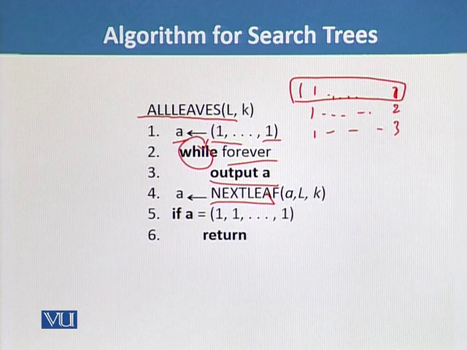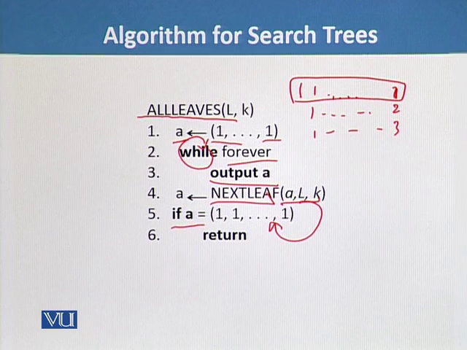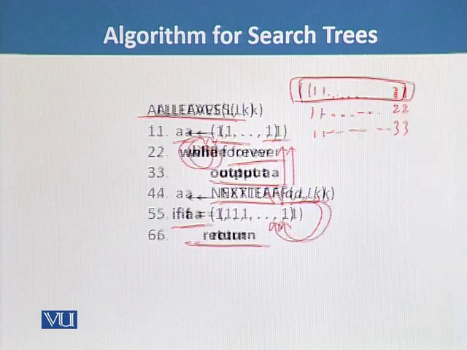We have seen in the previous algorithm, next leaf will apply here, and it will compute just like the next leaf. So we will get the answer when this loop is applied here, and it will not stop here, and it will continue until we get the answer at step number 6.